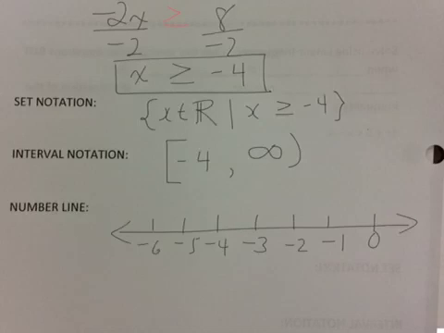Okay, since there's an equal to sign, we're going to have a closed point on negative 4, and then to positive infinity, so it's greater than. So the arrow points to the right. Okay, so that's set notation, interval notation, and the number line for x is greater than or equal to negative 4.